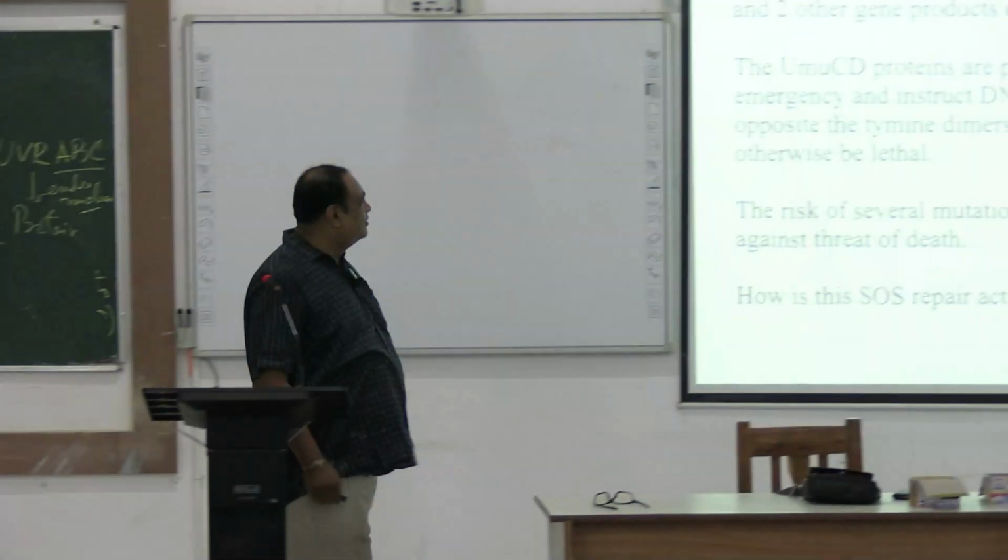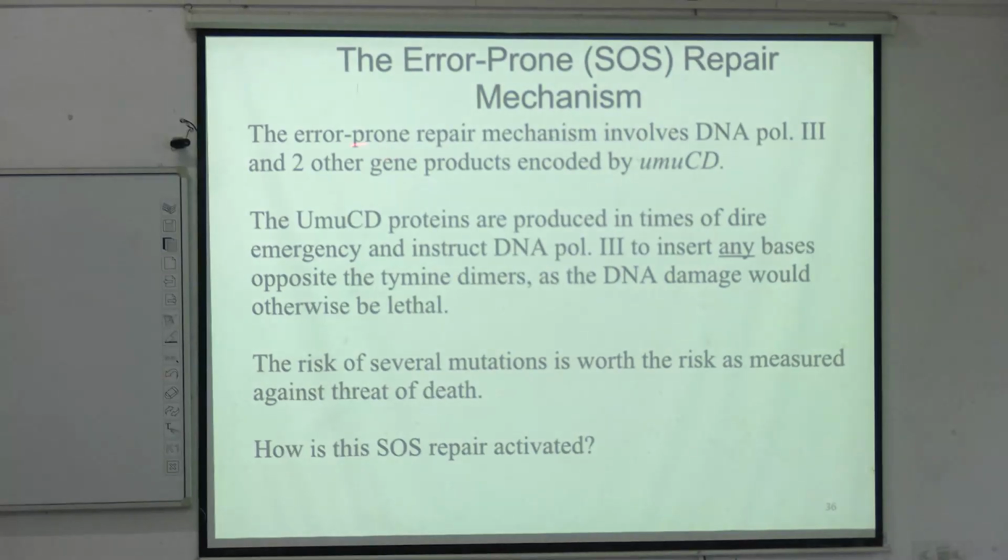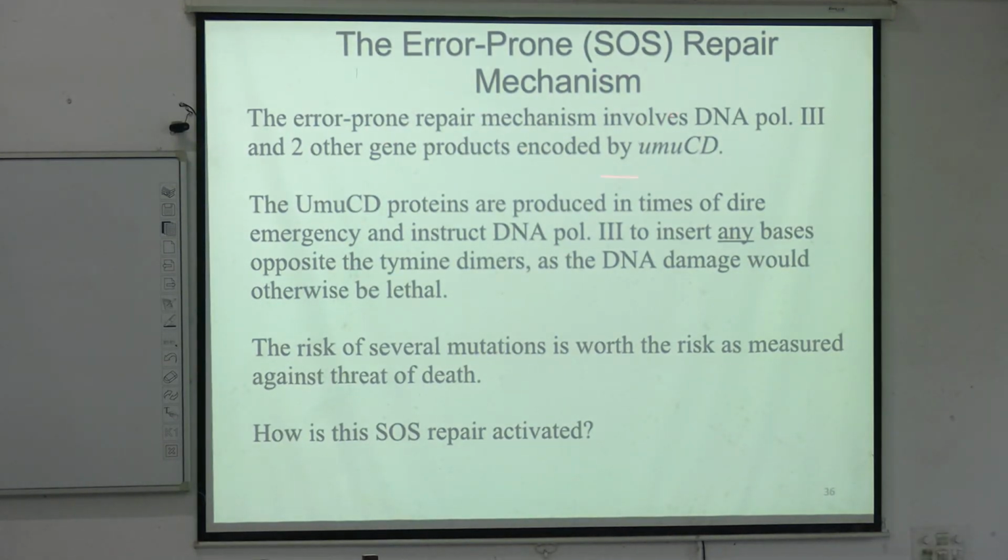There are few enzymes required. The error prone repair mechanism involves DNA polymerase 3, correct? DNA polymerase 3 when replication is an ongoing process, and 2 other gene products encoded by UMUC and UMUD.